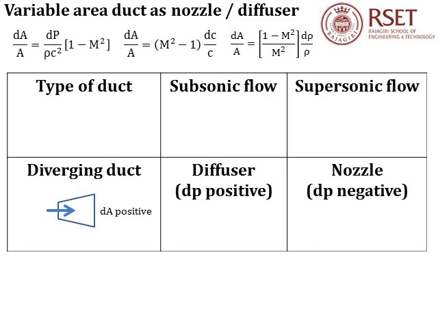So we can conclude that for a supersonic flow passing through a diverging duct, there will be a reduction in pressure, that is dP will be negative, a reduction in density, that is d rho will be negative, and an increase in velocity, that is dC will be positive. Hence, we can say that for a supersonic flow passing through a diverging duct, the diverging duct acts as a nozzle.